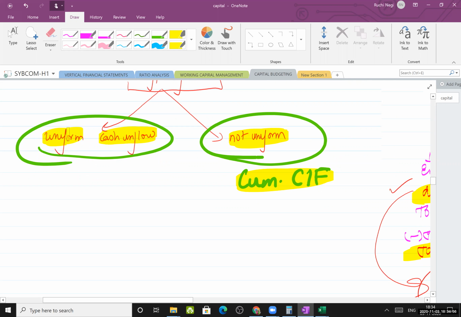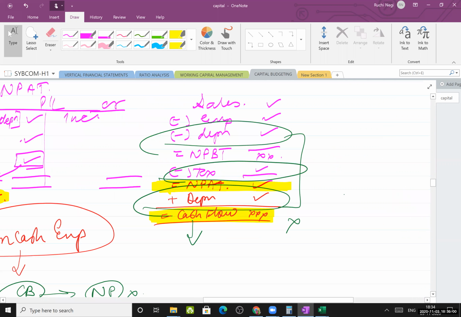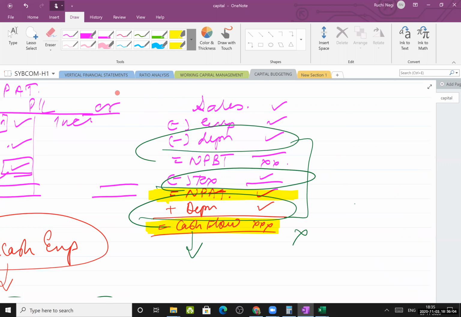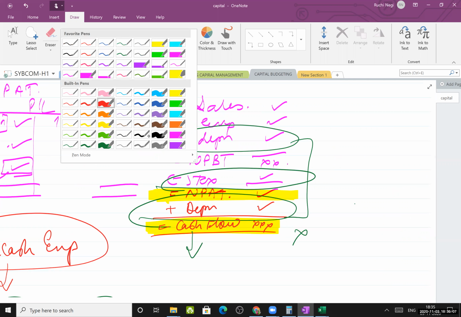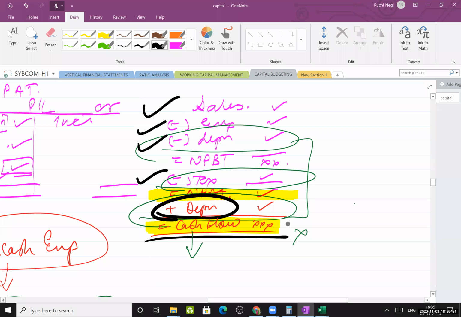And now it is uniform. Uniform cash inflow में we calculate it like this. See, sales less expenses, this we had done that day. Depreciation subtract, then PBT less taxes, then we add back depreciation and we get the cash inflow. Yaad aaya? Acknowledge it in the chat box.